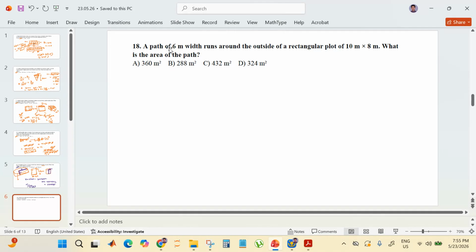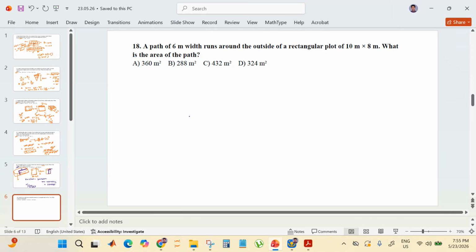A path of 6 meter width runs around the outside of a rectangular plot of 10 meter into 8 meter. What is the area of the path?